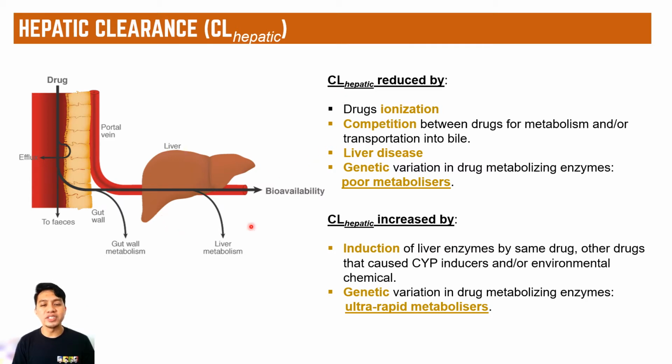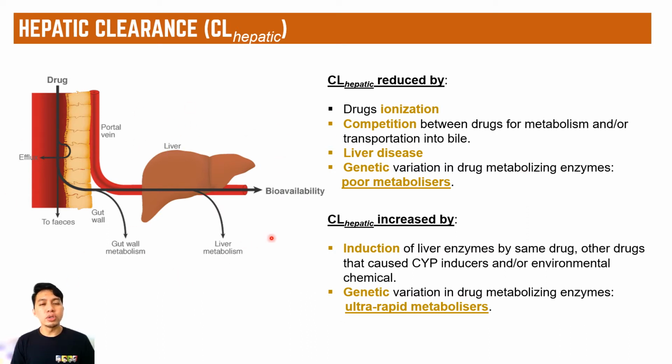Those who have liver disease, especially from alcohol intake or hepatitis, can also have affected hepatic clearance of any drugs. It can also happen to poor metabolizers due to genetic variations in drug metabolism enzymes.